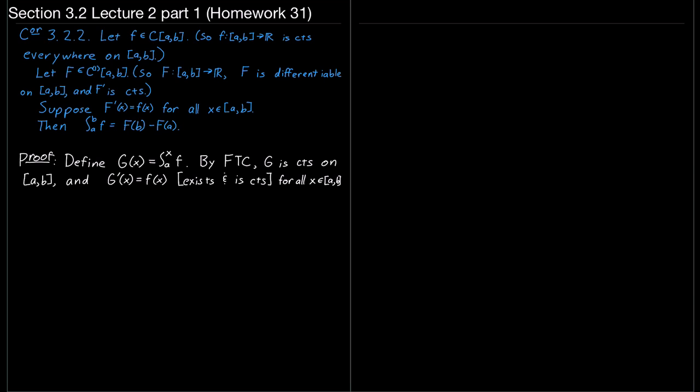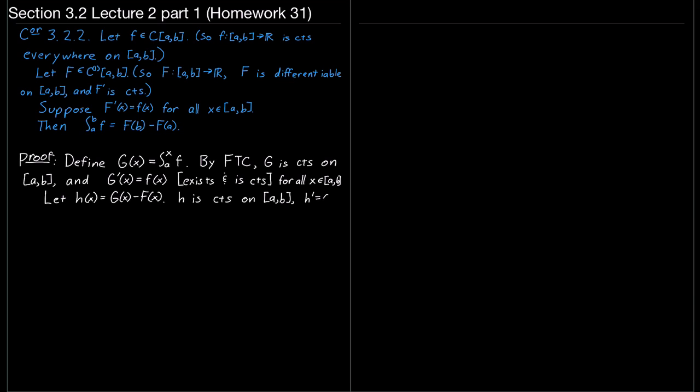All right, now let's let H of x be big G of x minus big F of x. Then H is continuous on [a, b] because big G and big F both are by assumption.